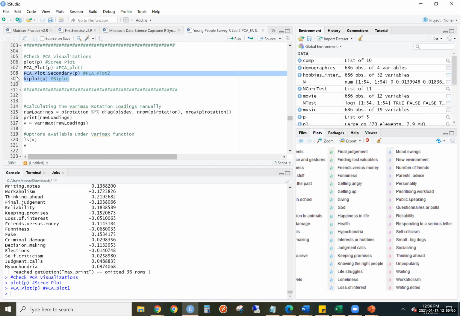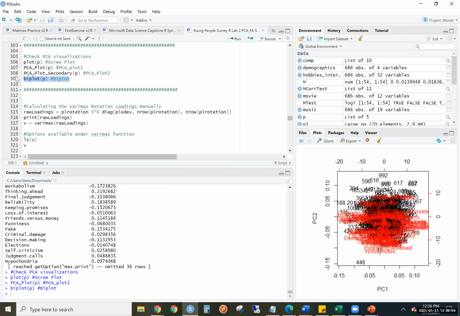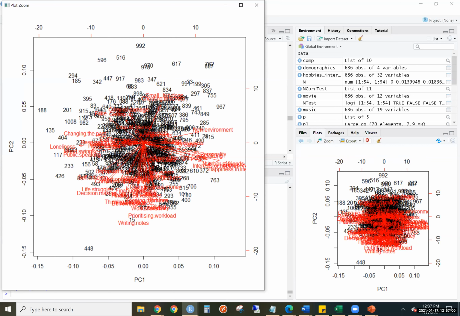We can also look at the biplot. And in this case, if we look at the biplot, you can see the eigenvectors here, and you can see the individual points of each subject. As you can see, this is a very bad visualization because we're not able to clearly see everything.